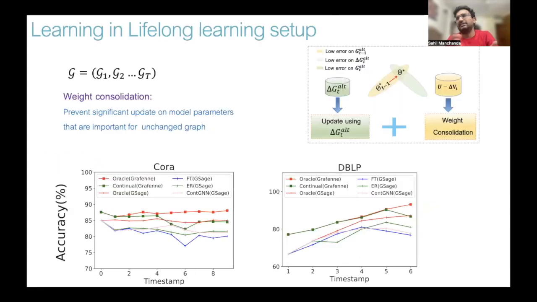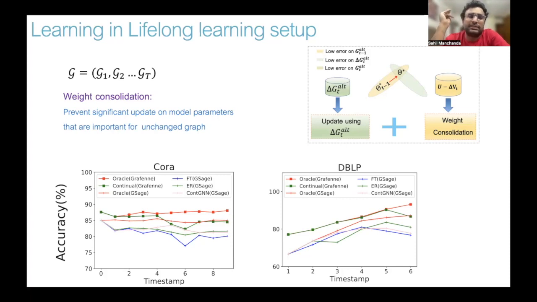And we also tested its performance in the lifelong fashion. In the lifelong fashion, we had to do one more thing. There's something called elastic weight consolidation. When the graph features or the graph structure were changing, we preserved a small number of samples in the graph.